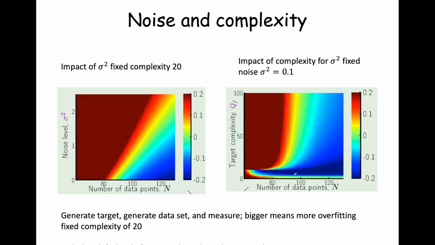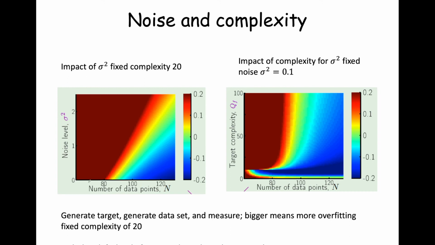All right, so let's take a look at this graph. We run this experiment, and on the left-hand side, we fix the complexity of our Legendre polynomial, our target function polynomial, to 20, and then we vary our noise process sigma squared.